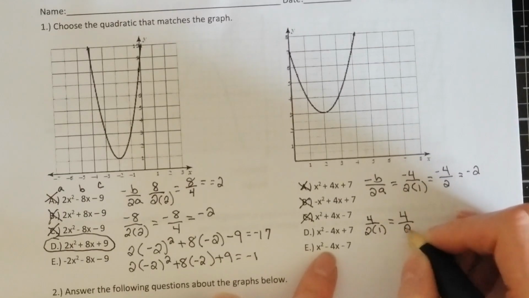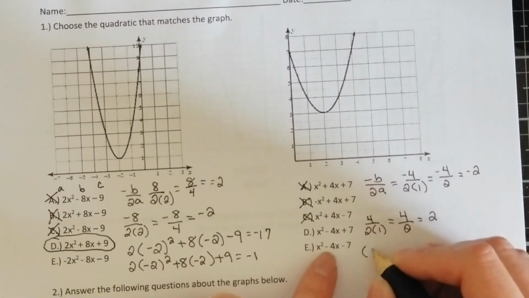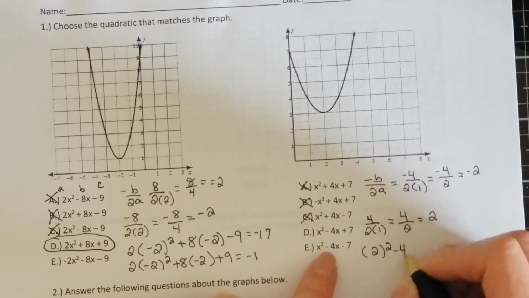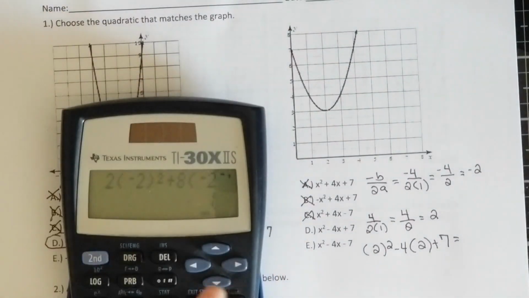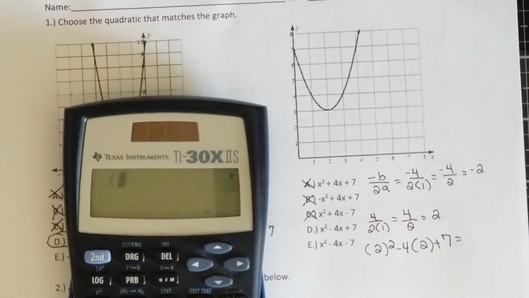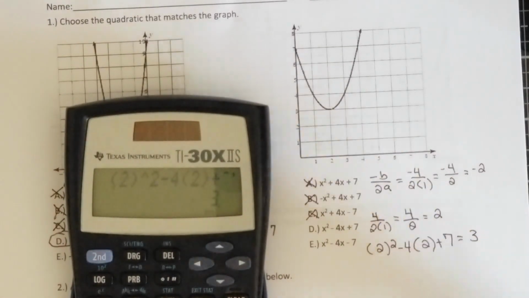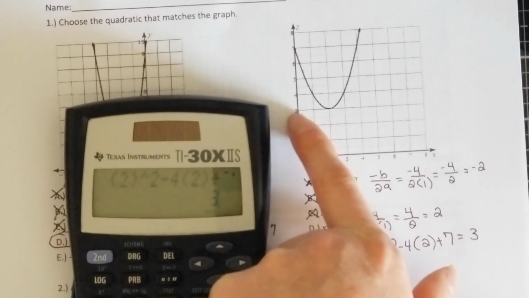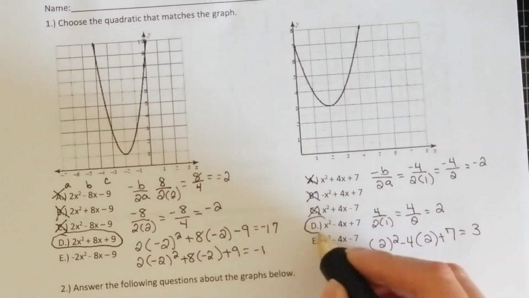So 4 divided by 2 would be positive 2, and then I will plug that into my equation. And then I will plug that into the calculator. Make sure you plug in your parentheses. And that gives me 3. So if I look at my y-coordinate, it is 3. So my answer here is in fact D.